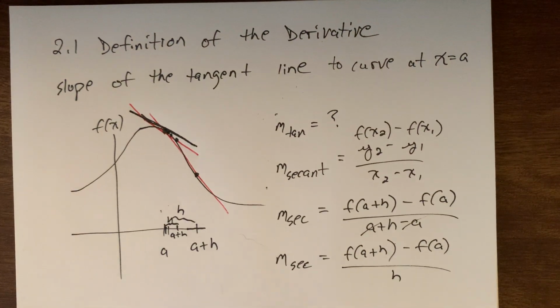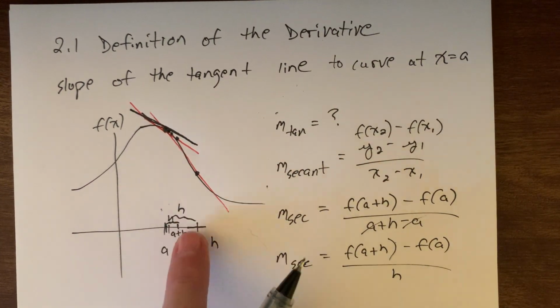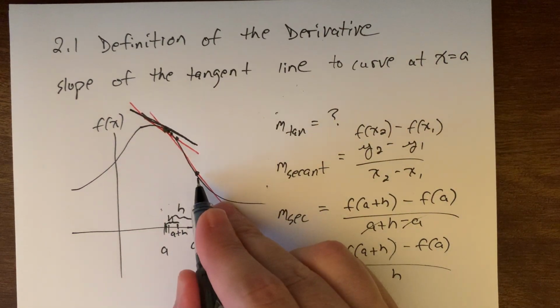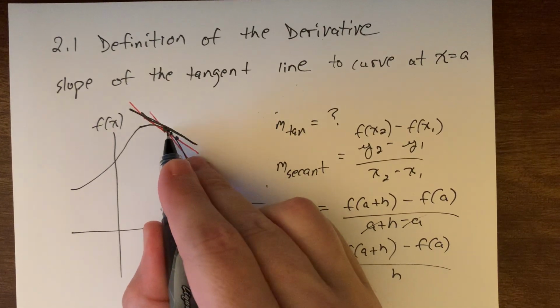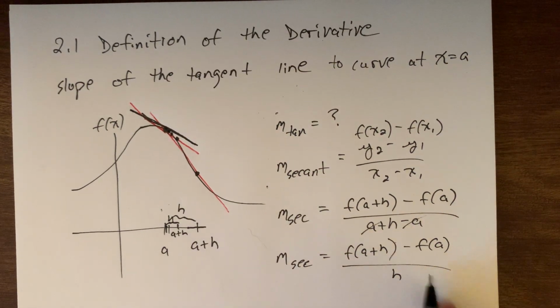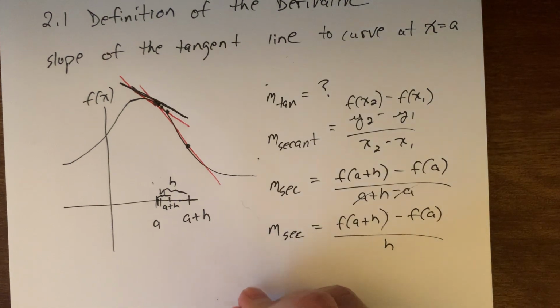So what have we done to this formula? Every secant line, whether it's the first secant line with this as the second point, the second secant line with this as the second point, the third, the fourth, all these secant lines, their slope could be represented by this. But how do we make this into the tangent?